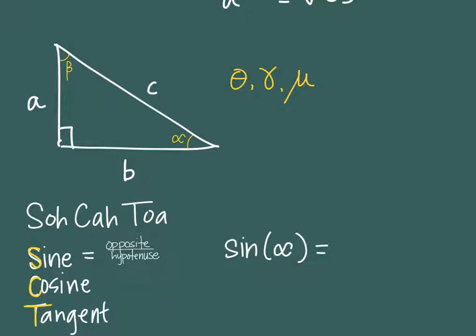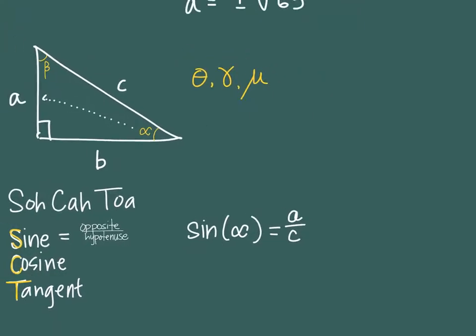What's directly across from alpha is side A. So the opposite is side A. The hypotenuse is side C. So it is A over C. That's what I mean by opposite over hypotenuse.